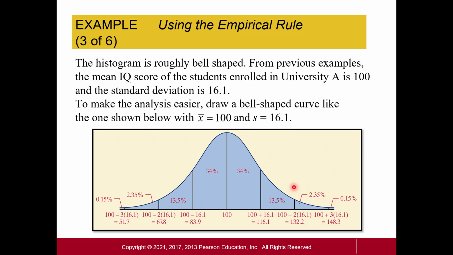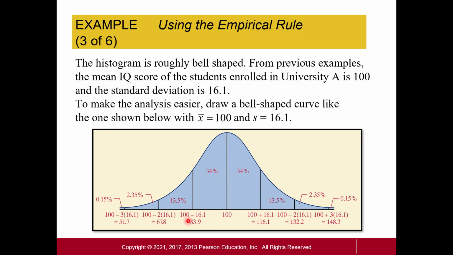So if you recall, we had found that the mean IQ was 100. And so if we just do our standard deviation calculation, we would end up getting 16.1 for our standard deviation. Okay, so we're going to look at this visual to help us out. And so our mean is right here in the middle, 100. And according to the empirical rule, 68% of the data is within one standard deviation from the mean.